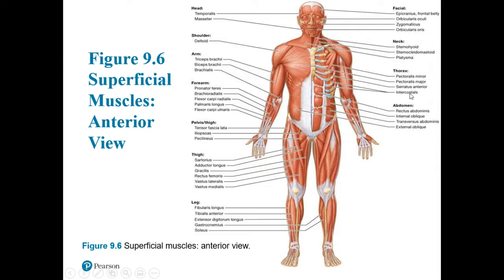Serratus anterior and intercostals both work together to do two things: lift the rib cage and expand the rib cage so that you can have more volume for those lungs to expand with air, obviously.